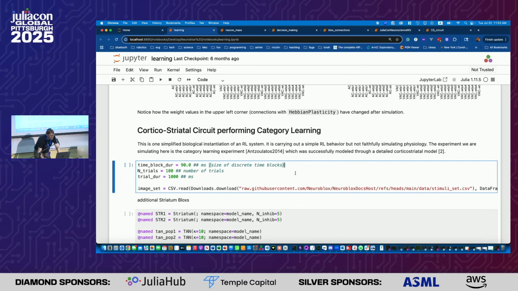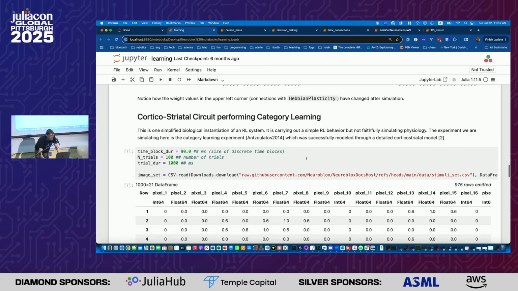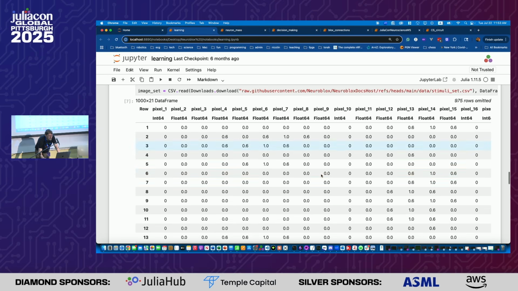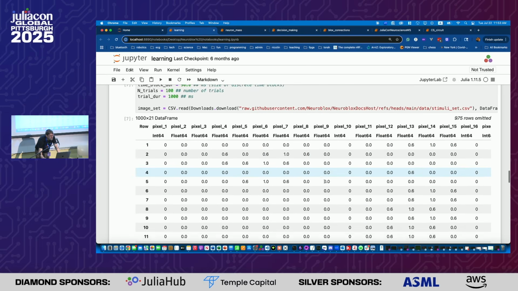So now what we can do is, and we have about 8 minutes, we can essentially create a learning system, right? Where we now get the stimulus set, and we also get, I think, the category of these learning sets.